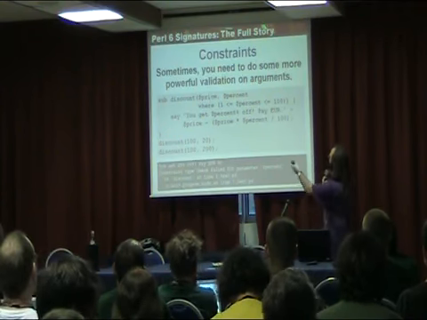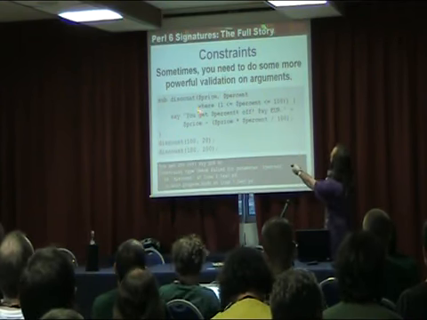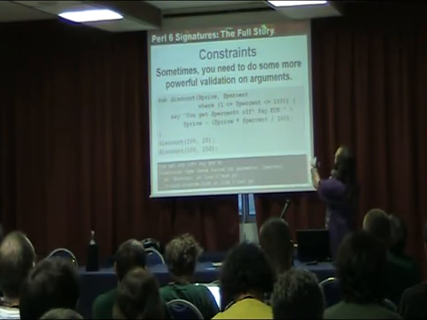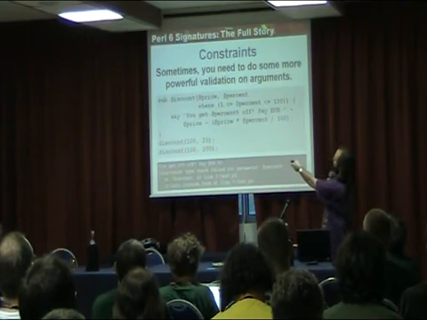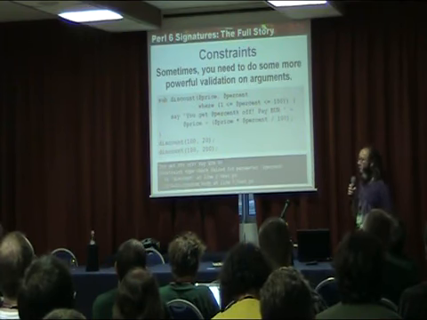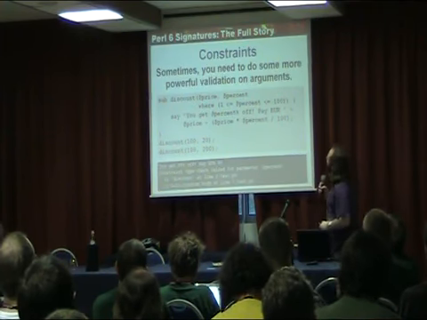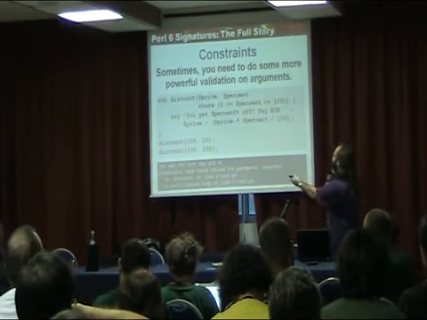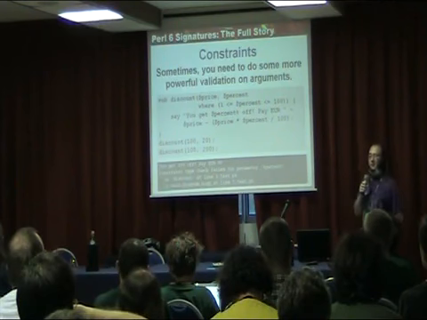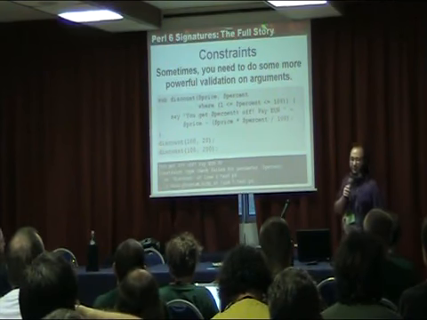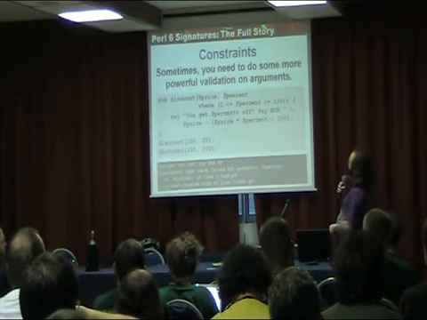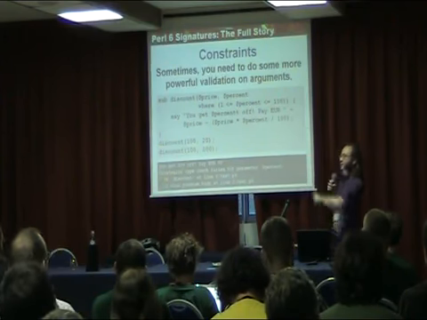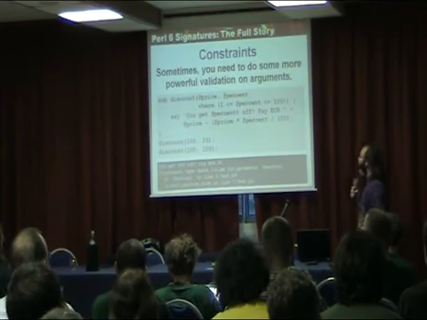So here, I can just write the keyword where, and this introduces a constraint. And then in the brackets here, I just put, 1 less than or equal to % less than or equal to 100. And then when we just pass in 20, it works. When we pass in 200, that's going to fail. And yep, what it's actually going to do is closurize that right-hand side, which is why it works.